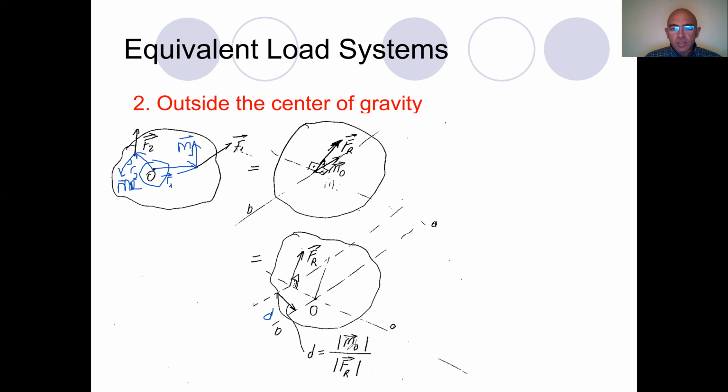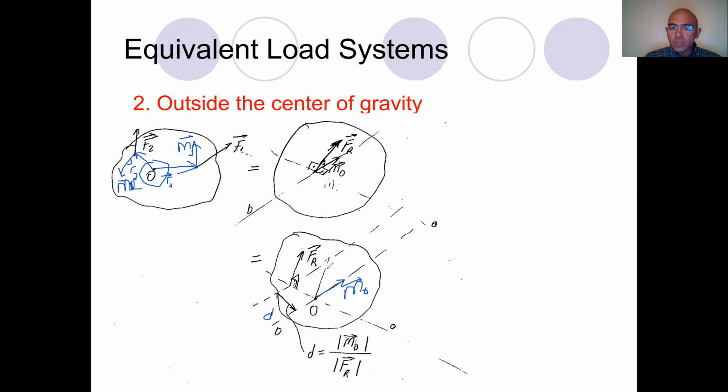This basically means that, remember, here I have the moment MO. This FR will tend to rotate this object and generates a moment of FR multiplied by D, which is equal to the MO, right?